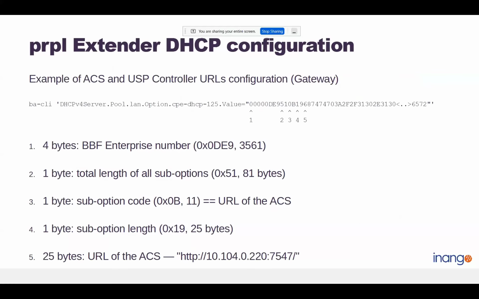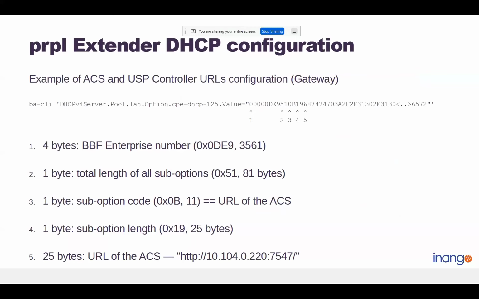Now let's see how DHCP should be configured. For example, to provide ACS URL to the extender. On the gateway side, you need to configure DHCP server to provide a specific value for DHCP option 125.